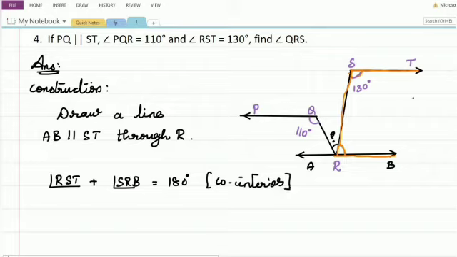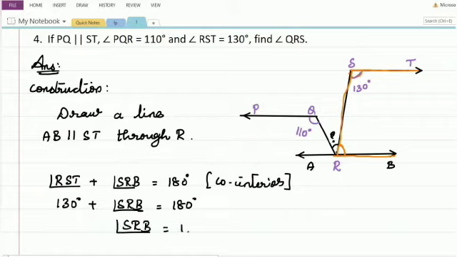Now I know what is RST. So 130 plus angle SRB equal to 180 degree. Now find out angle SRB equal to 180 degree minus 130 degree. So angle SRB equal to 50 degree. Now again look into the diagram.